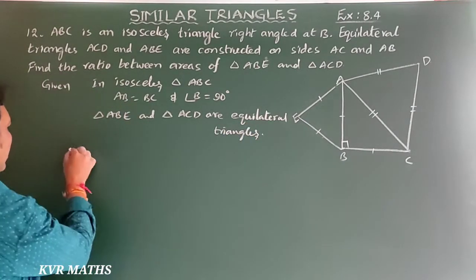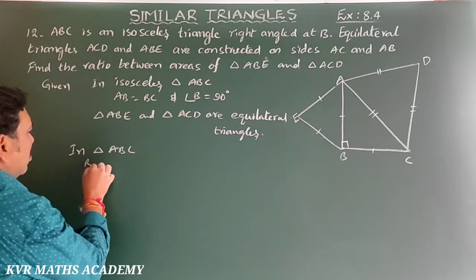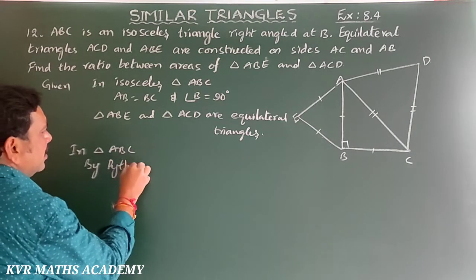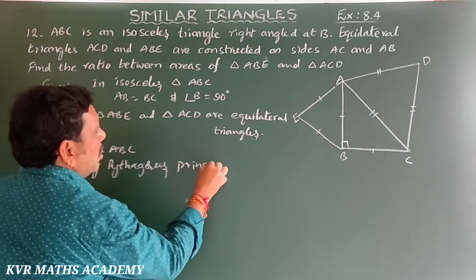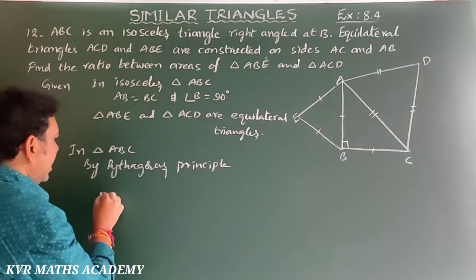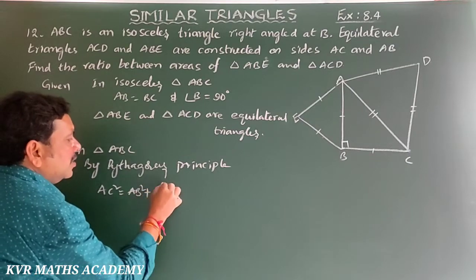Next, look here. In triangle ABC, by Pythagoras theorem, AC square is equal to AB square plus BC square.